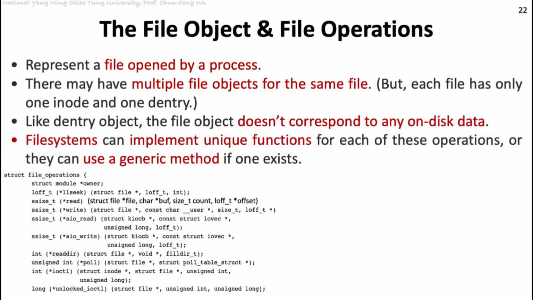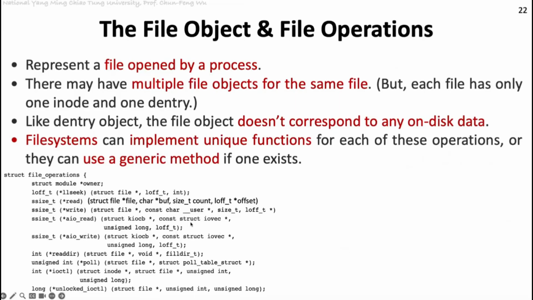A file system can implement unique functions for each of those operations, or it can use a generic method if one exists. Here are several hook points like read, write, asynchronous I/O read, and asynchronous I/O write. Most file systems support this kind of function. These functions will be hooked to the implementation of different file systems.